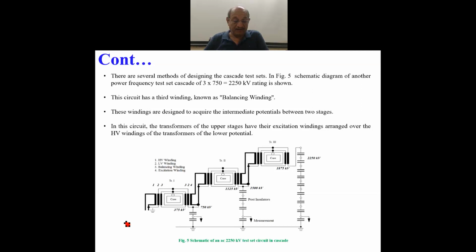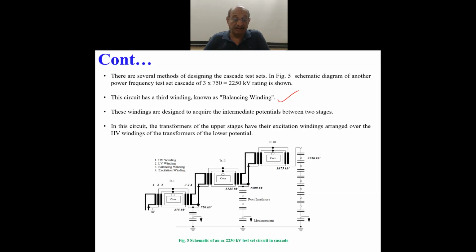As you can see here, in the windings in this particular case, there is one more winding introduced, known as the balancing winding. The circuit has a third winding, known as the balancing winding, that is used for balancing the output voltages. These windings are designed to acquire intermediate potentials between two stages.